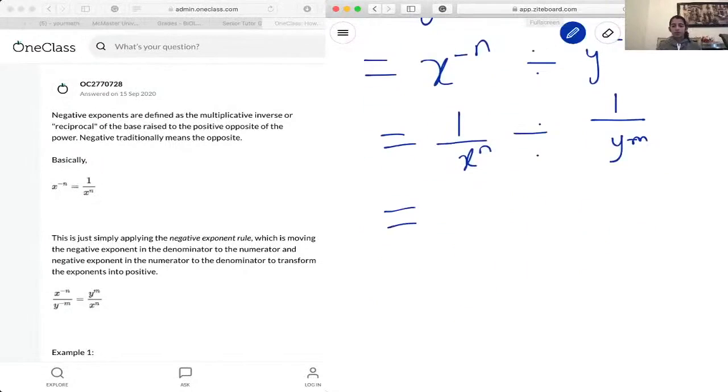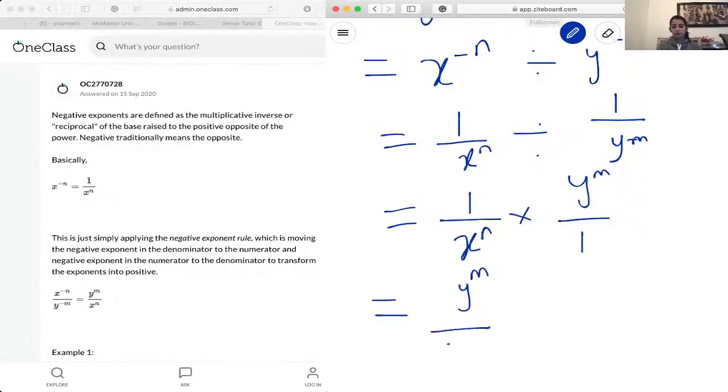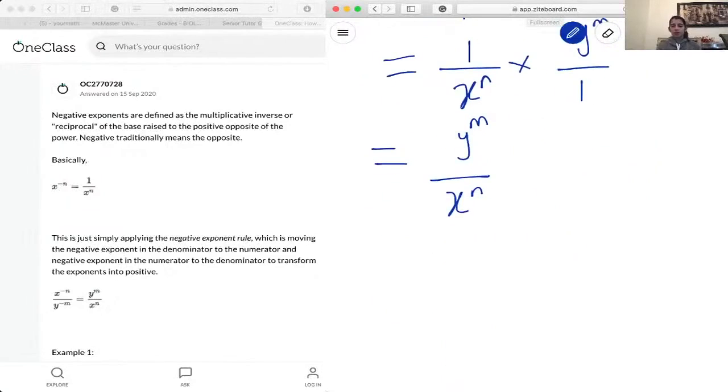Which is then, when you change that to multiplication, take the reciprocal of this. So that becomes y to the power of m over 1, and that ends up being y to the power of m over x to the power of n. And that is basically how we got our answer.